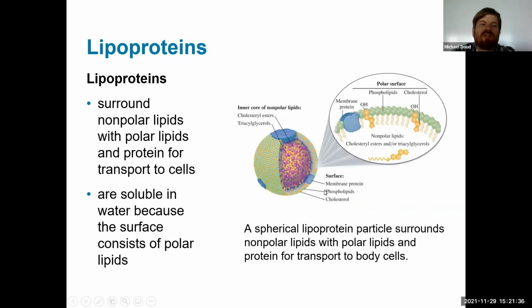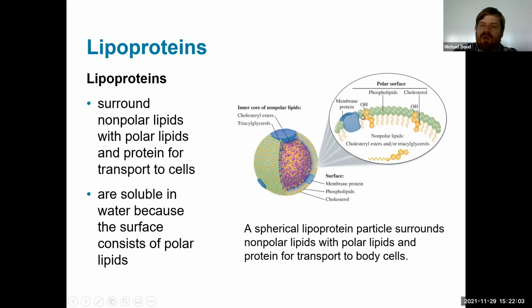Now, the way that lipoproteins work basically is that you surround any of these nonpolar lipids with lipids that have a polar core. So remember, we had the glycerophospholipids in the last lecture. Remember, they have a polar head, and then a nonpolar tail.